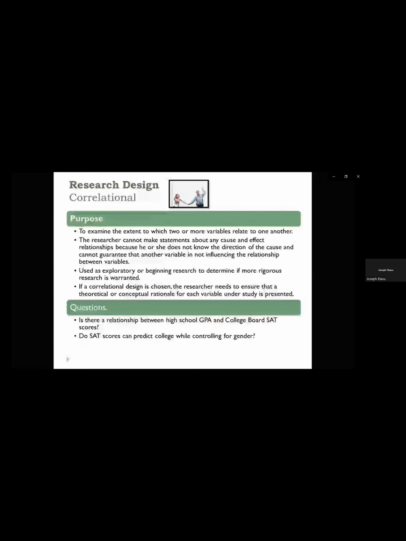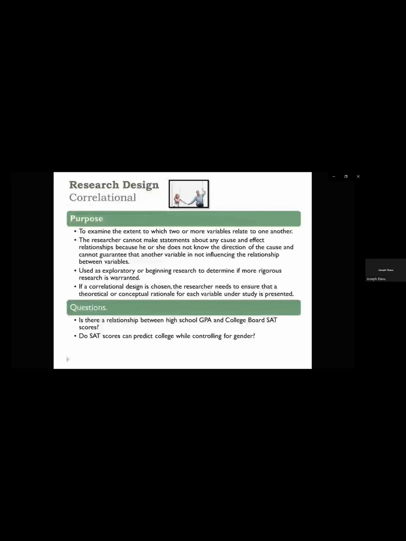Now, it's important to note, especially in talking about prediction, that you have a solid theoretical or conceptual framework on which you're basing that study. Oftentimes with predictive studies, there have been multiple studies that have shown a relationship between certain variables, and you want to add to that conceptual or theoretical model.